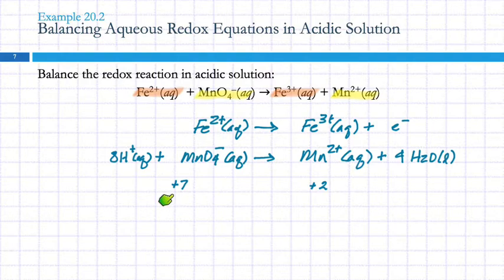So if I put 5 electrons on this side, I can bring the overall charge down. So I've got -5 and +7, and now I've got +2. Okay? What's the next step?